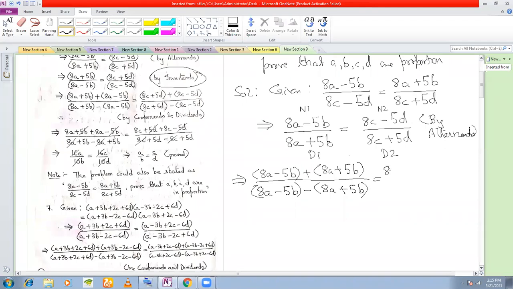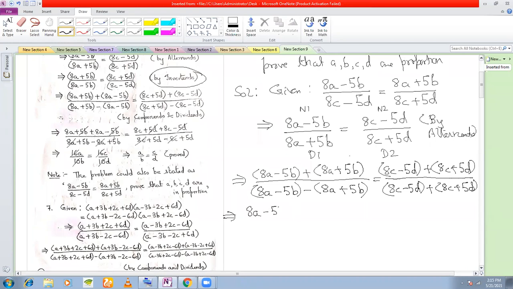And here I have numerator 8c minus 5d plus the denominator 8c plus 5d, divided by 8c minus 5d minus 8c plus 5d.